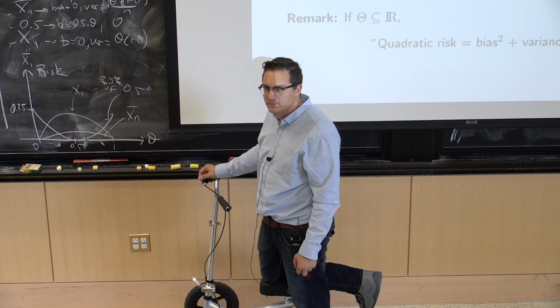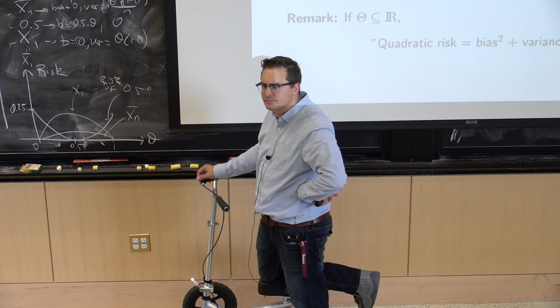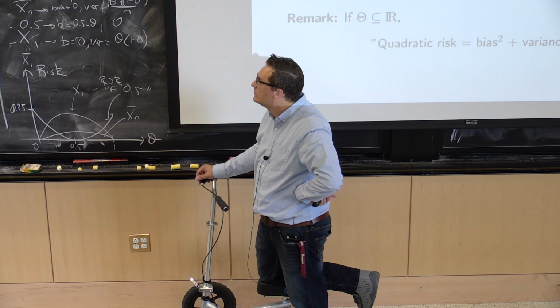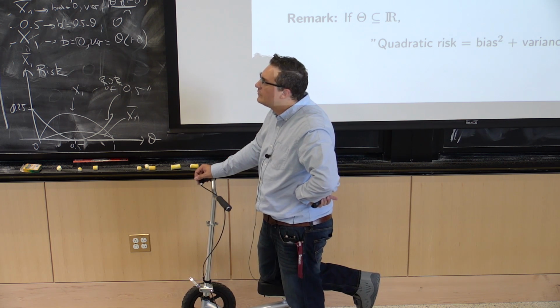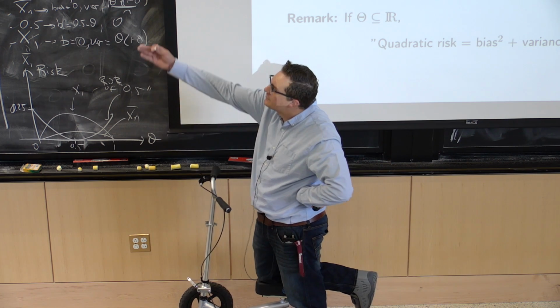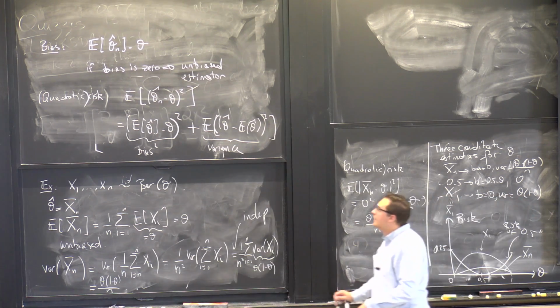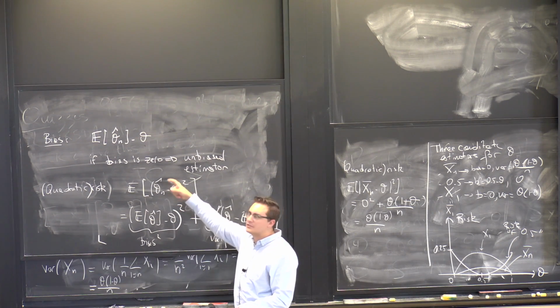Yeah? Sorry, I know you explained a little bit before, but can you just say, what is an intuitive definition of risk? What is that actually describing? Well, when you have an unbiased estimator, it's simple. It's just telling you the variance, right? Because in the definition of the risk, the theta that you have here, if you're unbiased, is really the expectation of theta hat.